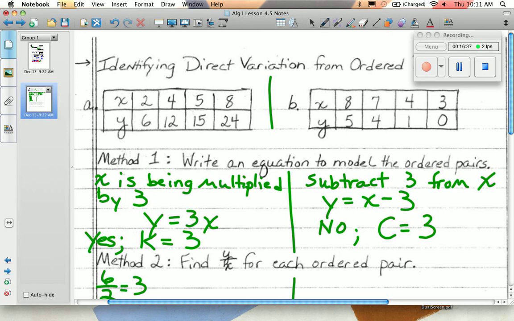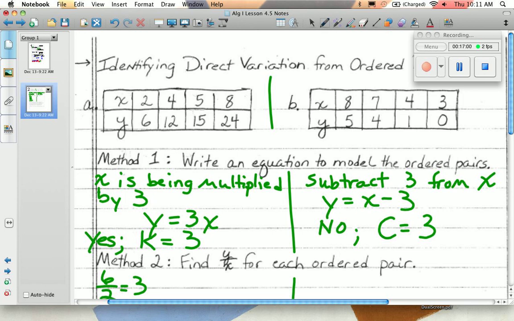We can move the x over with the y and say that C is negative 3, or we can move the y over with the x and move that 3 over and it'll be positive 3. Regardless, what does C have to be? Whether it's 3 or negative 3, it has to be 0 to be considered a direct variation.